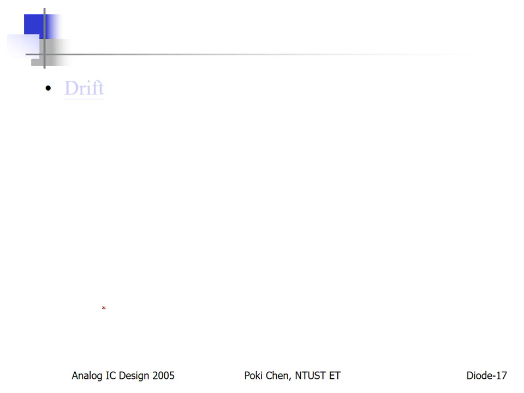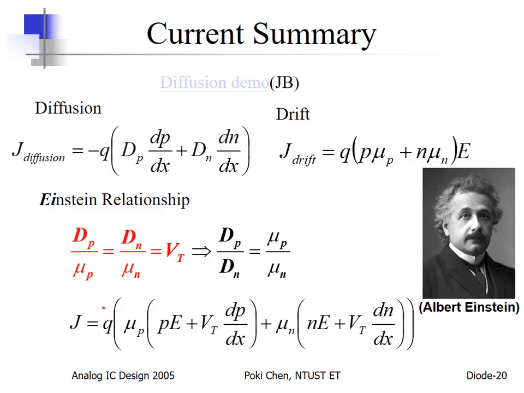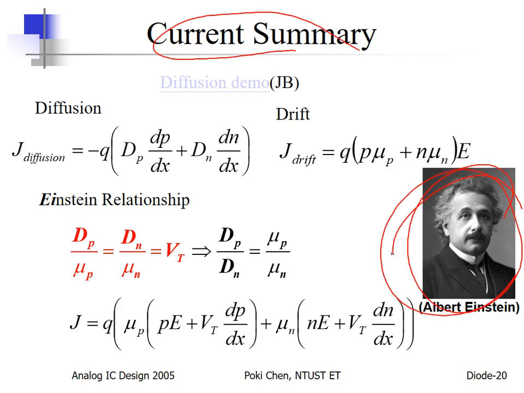So I would like to tell you this. Albert Einstein is not only very good at the atomic bomb, but also contributed a lot to our physics. Really smart guy.